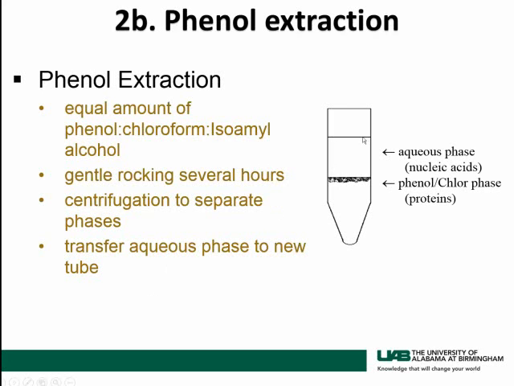The top layer is the aqueous layer, which contains nucleic acids, that is DNA and RNA. The interface consists of denatured protein, a cloudy band, and the lipids and carbohydrates are in the organic phase on the bottom.